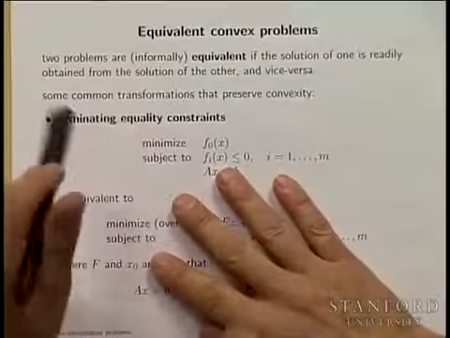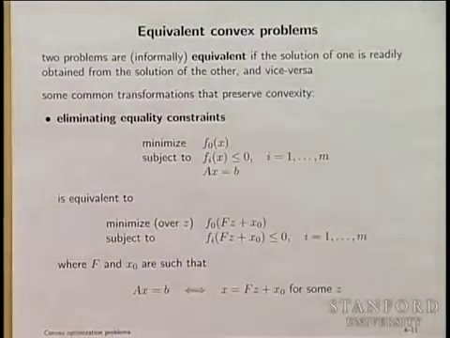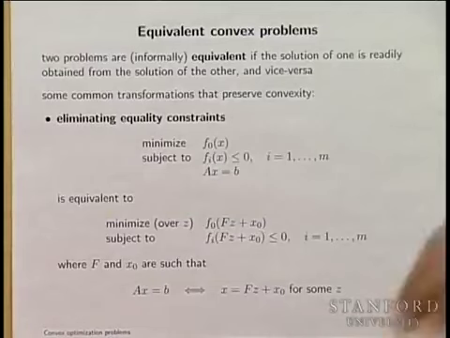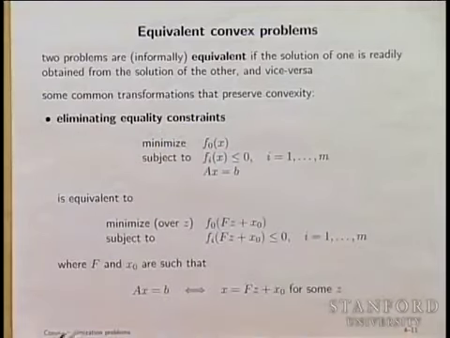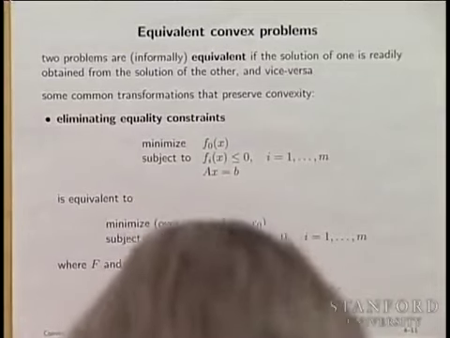Next topic is equivalent convex problems. As I said, we're going to use an informal notion of this. You say that they're equivalent if the solution of one is obtained, with modest effort, from the solution of another. And what we'll do is just give a bunch of common transformations that preserve equivalence. Just examples to give you a rough idea.